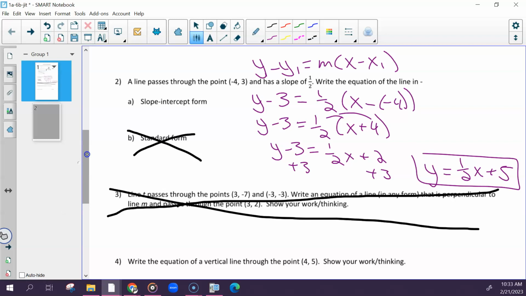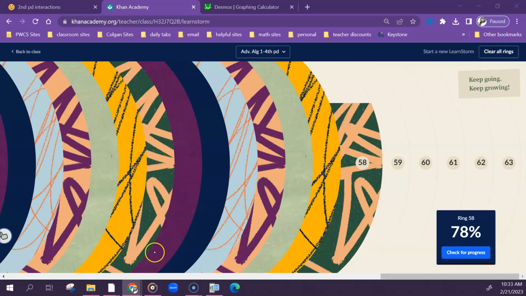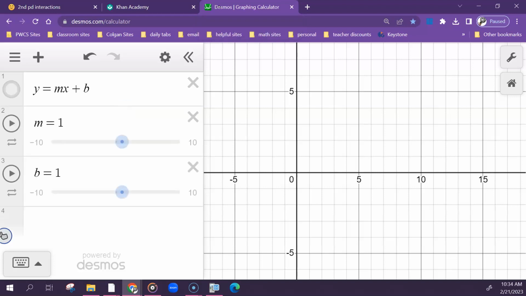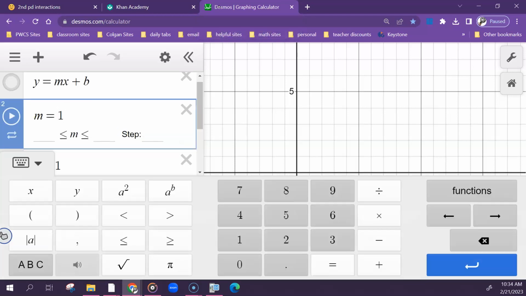In Desmos, if you wanted to see this, and I'll recommend that you practice this later, if I type in y equals mx plus b, in lowercase letters, it'll have you add sliders, so add all. You know what the slope was, it was given to you, you know it's 1/2, so you can change that.